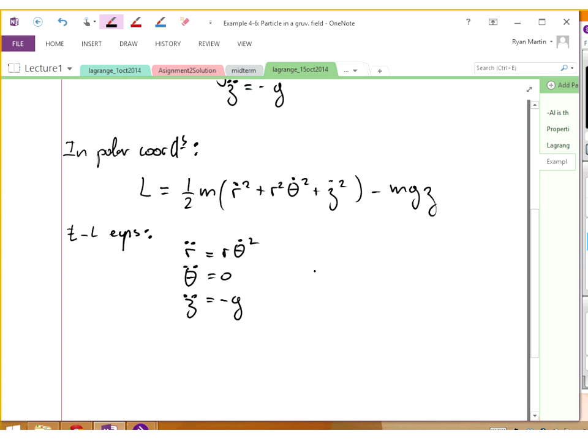And so that's also a straight line. Okay, so the choice of coordinates doesn't change how the system evolves. And that's a good thing, right?